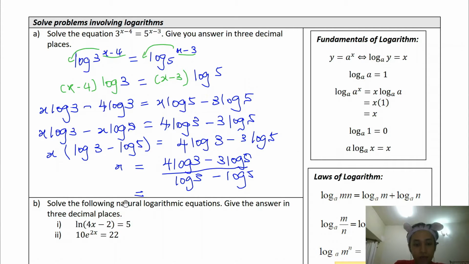So let's try 4 log 3 minus 3 log 5, divided by log 3 minus log 5. So the answer that I should get is 0.85, 1.49. Okay, so that is the answer.